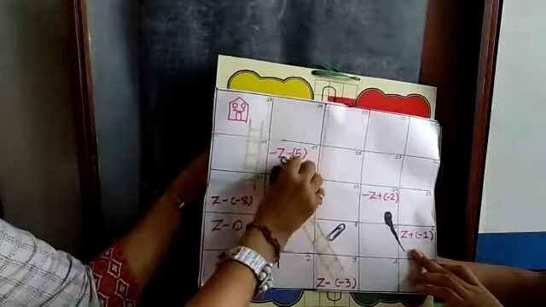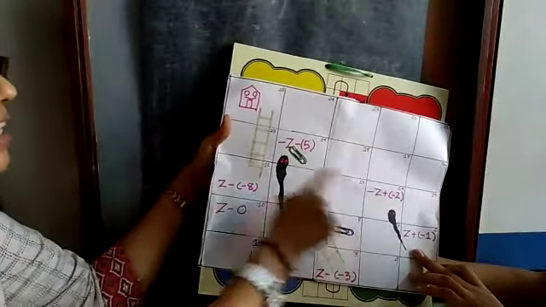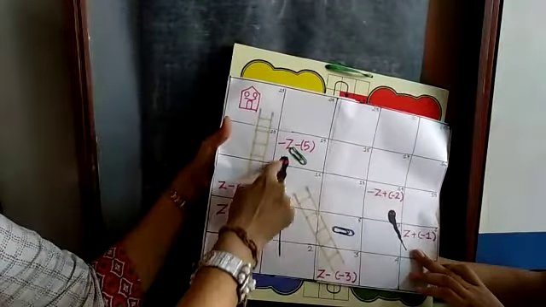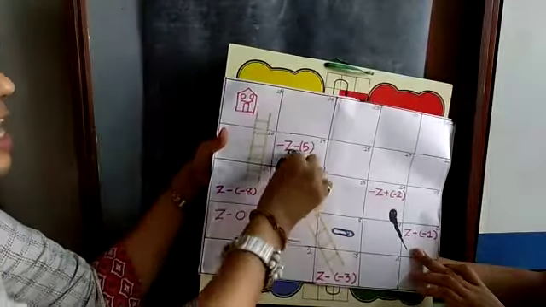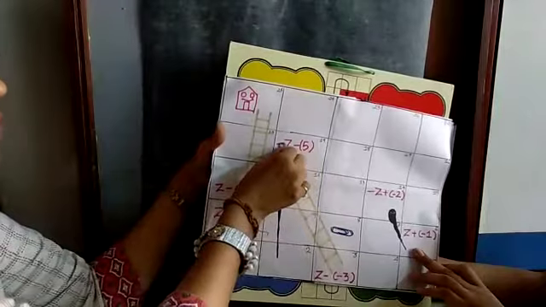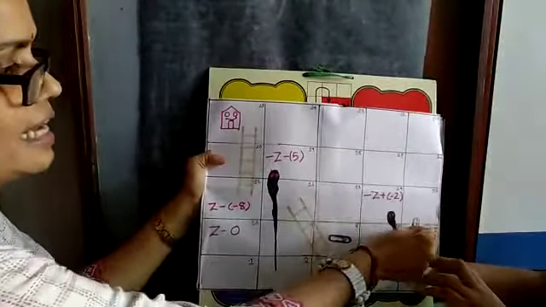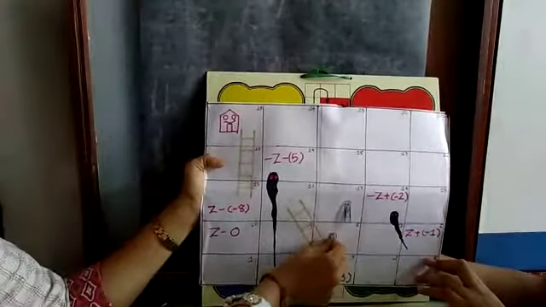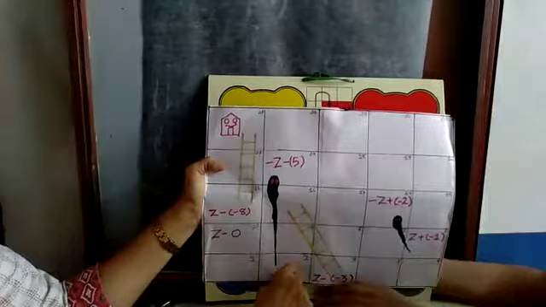So minus means I have to come down backward. Look here, the snake is there. So 11 steps I will come down, 1, 2, 3, 4, 5, 6, 7, 8, 9, 10. That way I will come, so I will straight away come down.